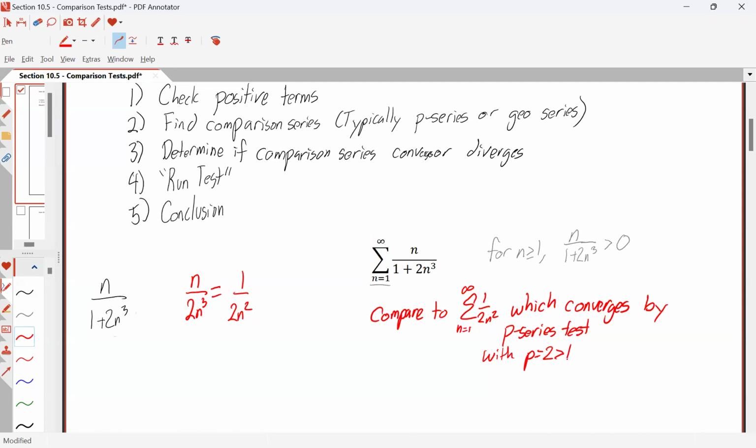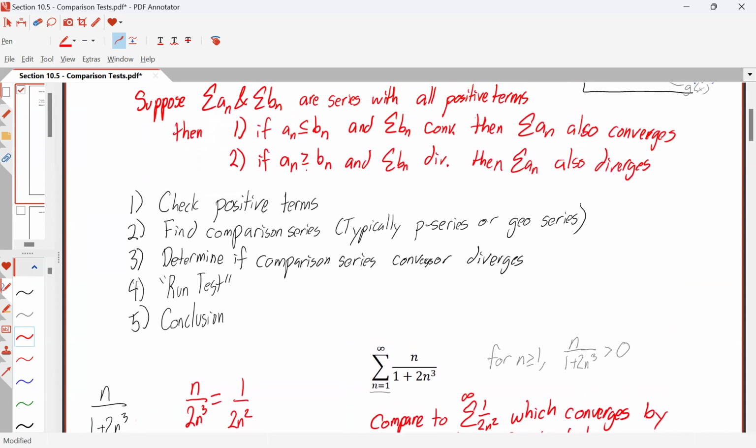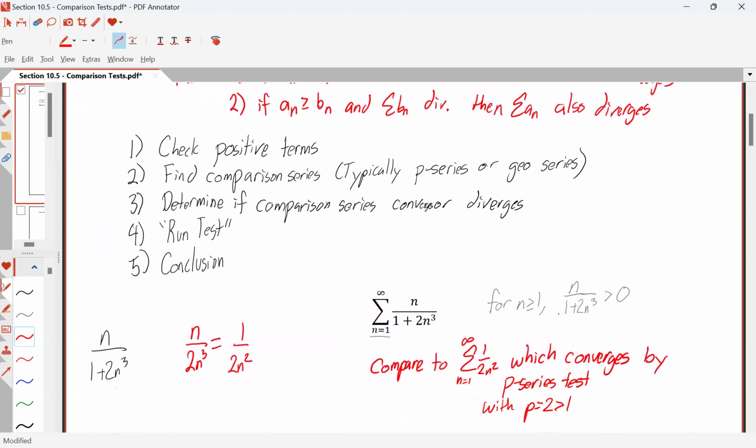So we are comparing to something that converges. Now we want to run the test. This is something we could have done a little bit earlier when we were finding our series to compare to. For this test, we want to know, how do an and bn compare to each other? Which sequence is bigger?